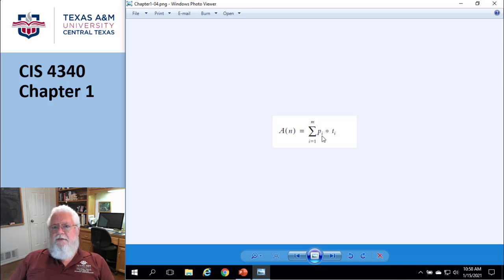In other words, let's say you sort of knew that most of the time the numbers were going to be random, but occasionally, see what I'm saying? So it would be the probability of each one of those 5 input classes times the amount of time it took for each one of those 5 input classes, and then you sum them together, and that comes up with the total average.